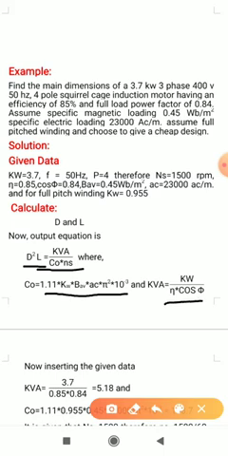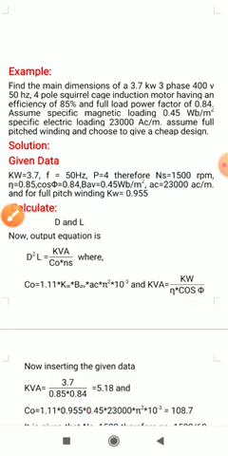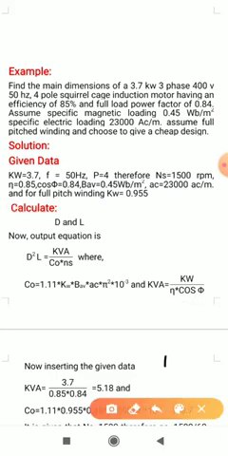And now if you see the expression of this CO and kVA, all required values to calculate the CO and kVA are given. So just insert the given values in these two expressions and we will calculate here the CO and kVA. So first we will calculate the kVA.